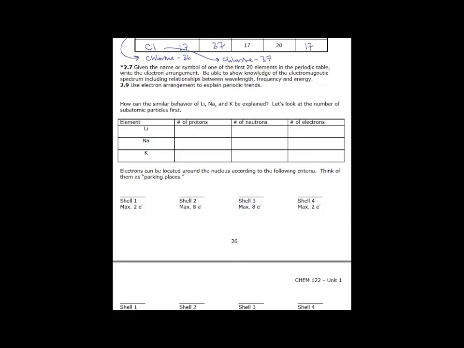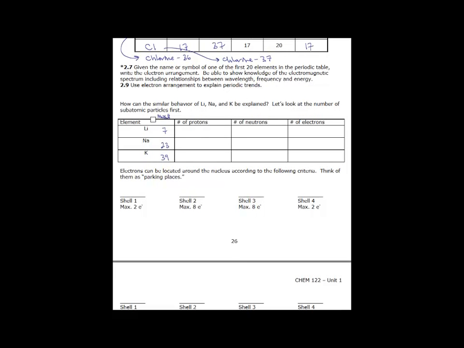I'm going to give you the mass number of these. Lithium has a mass number of 7. Sodium has a mass number of 23. And potassium has a mass number of 39. Okay. So I want to see if we can figure out why these elements are in the same group.